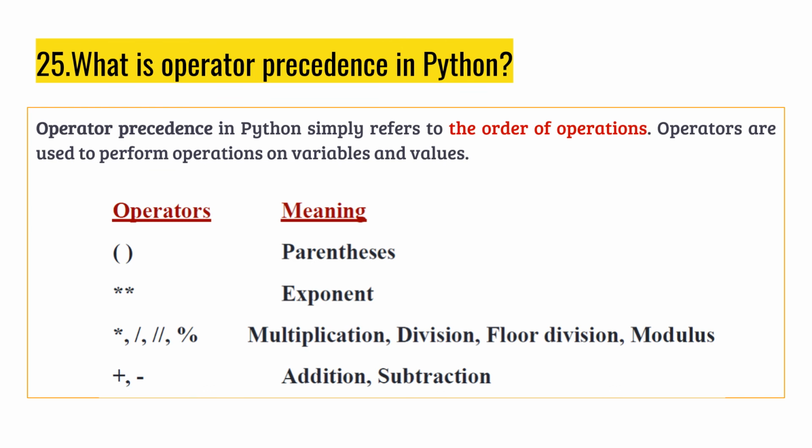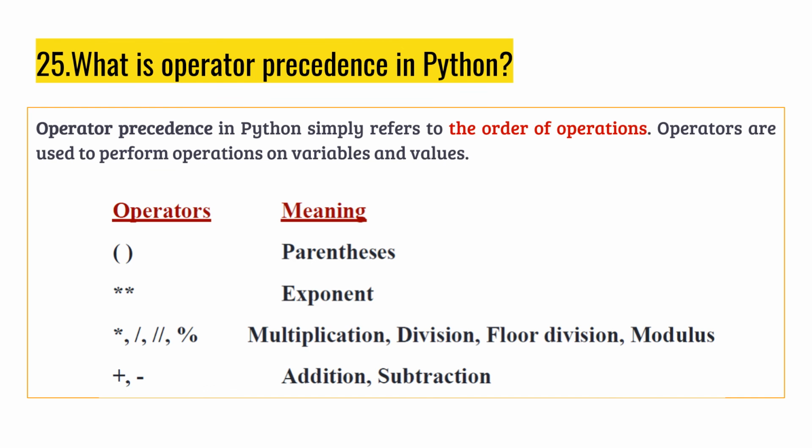Next follows the exponent, so to the power. Whatever we gave as a power to a number will be executed next, followed by division, multiplication, addition and subtraction. As you can see in the slide, it goes parenthesis, exponent, division and multiplication, floor division, modulus, and then finally addition and subtraction.